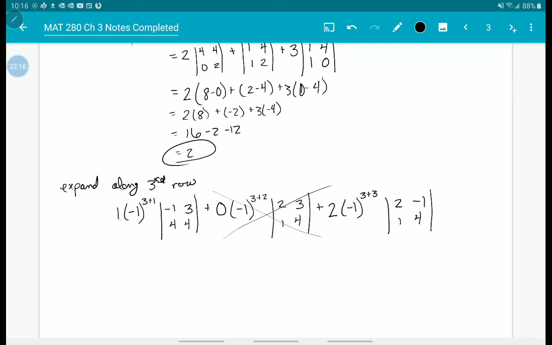So let's simplify. We have 1 times negative 1 to the 4th, which is going to be a positive 1, times that matrix here, or the determinant of that matrix. This guy's going to be 0. And then we have 2 times negative 1 to the 6th. Negative 1 to the 6th is positive. So this is going to be plus 2 times this.